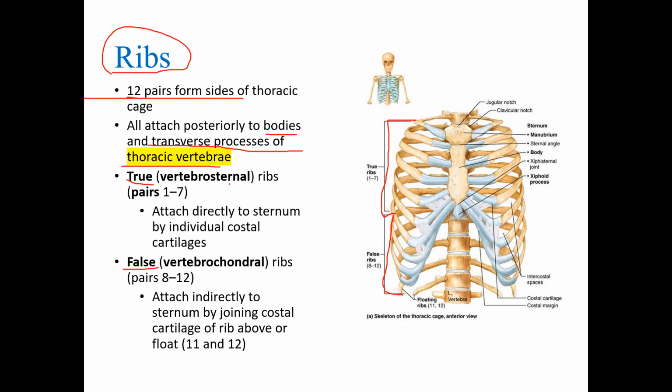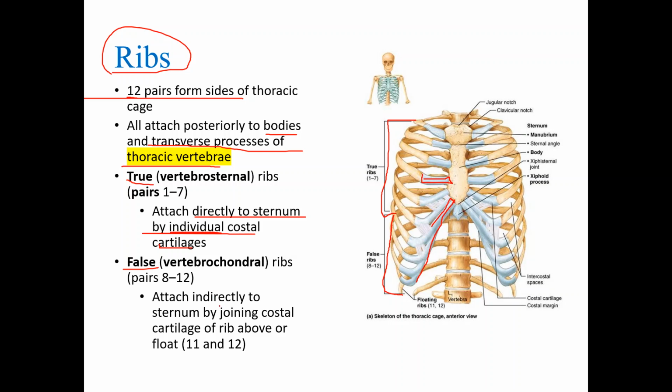The reason why we call them true or false is in reference to whether they have their own dedicated cartilage that connects to the sternum. So the true ribs attach directly to the sternum by individual costal cartilage, whereas from 8 to 12, you see how they all merge into one point of attachment.